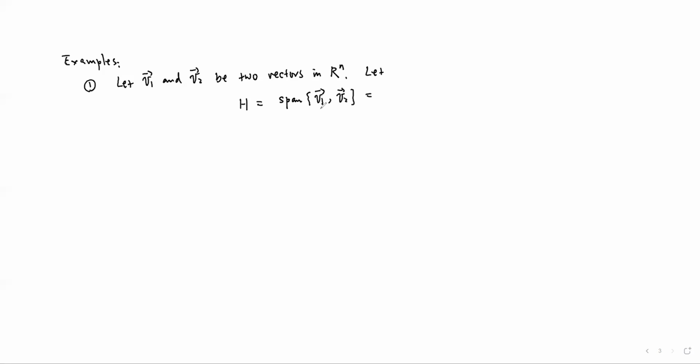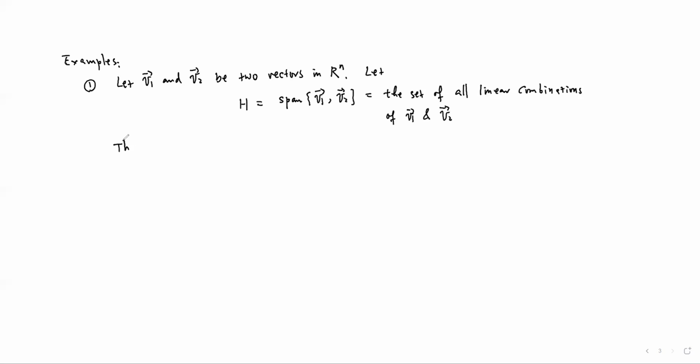Recall that the set spanned by V1 and V2 is the set of all linear combinations of V1 and V2. All possible linear combinations, put them together, we have a set. The set is called the set spanned by these two vectors.